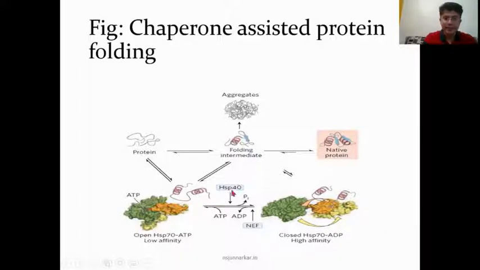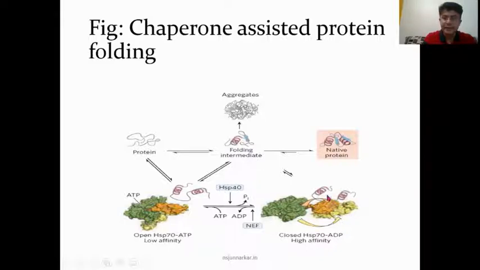But HSP40, when it joins with HSP70, catalyzes the hydrolysis of ATP to ADP, resulting in a conformational change in HSP70 from low affinity to high affinity state, and the protein gets tightly bound to HSP70, and this causes the partial folding of the protein aided by the HSP70 molecular chaperones.